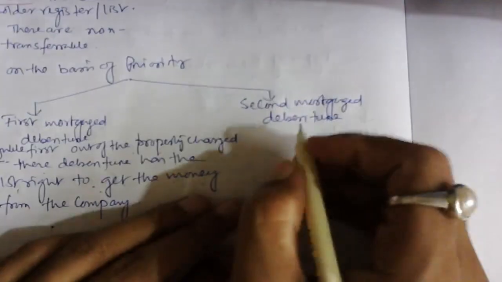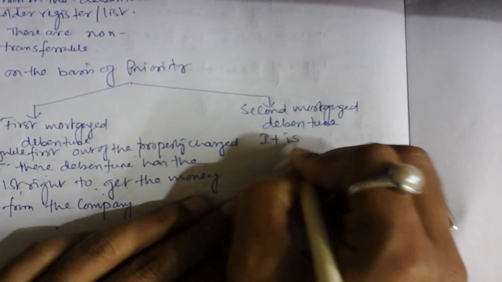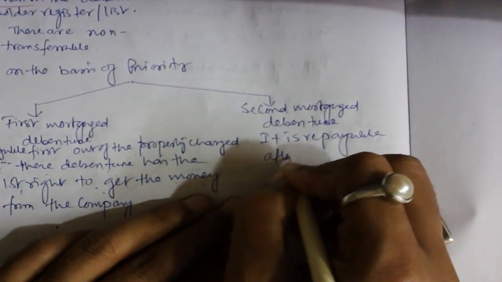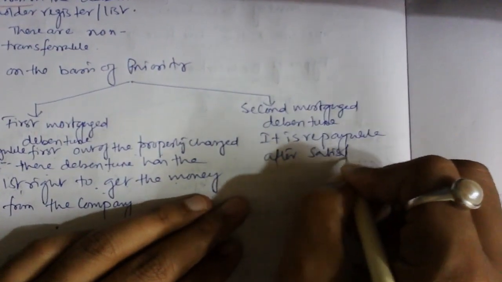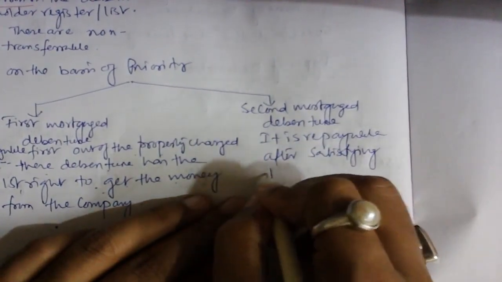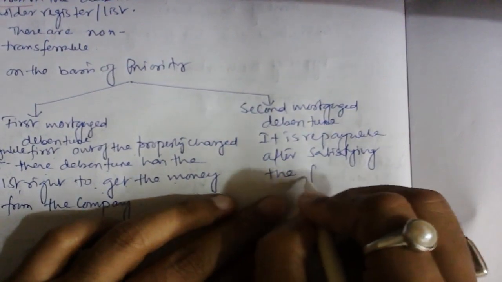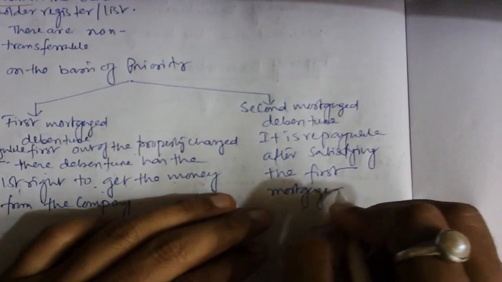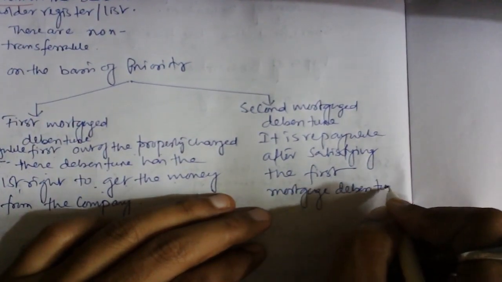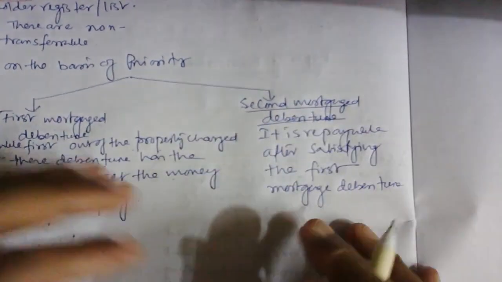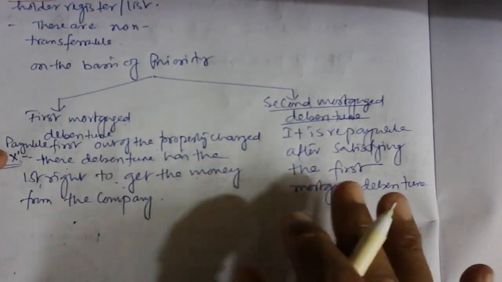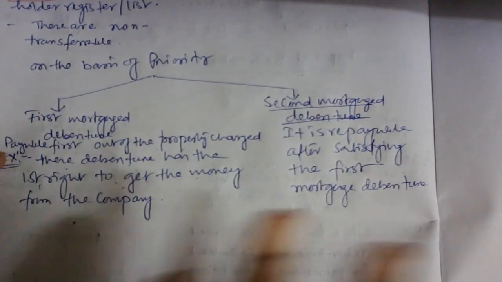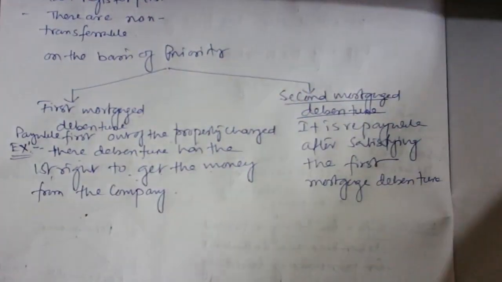So you can write it is repayable after satisfying the first mortgage debenture. Done, sir. ये हो गया.